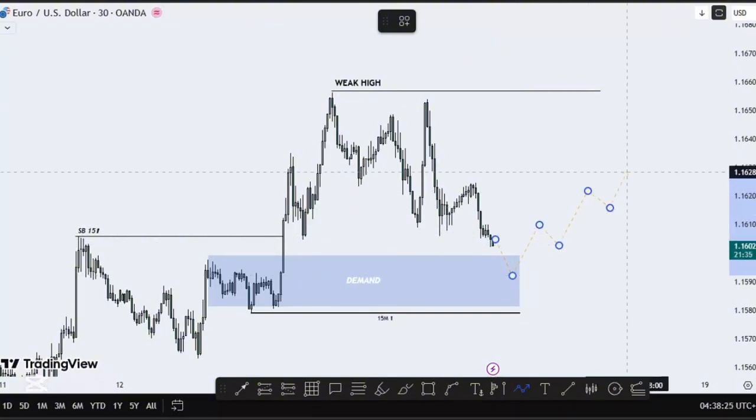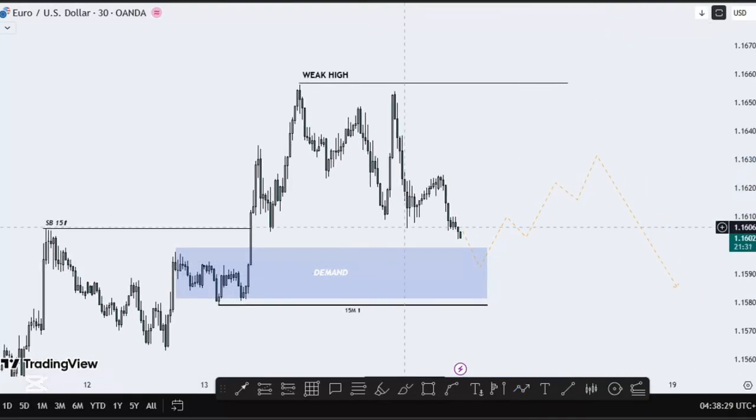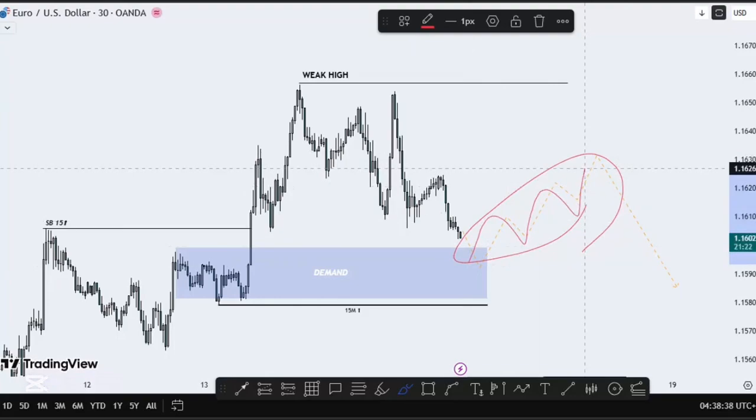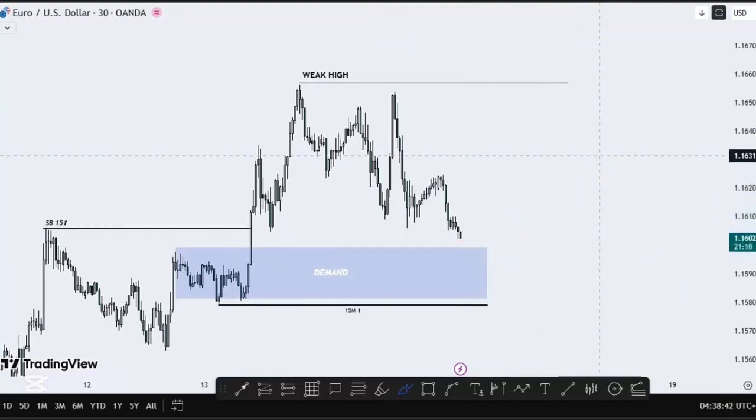Once it does that, I'm gonna look for bearish entries once I see the confirmation. So that's gonna be my main bias for the next couple of days. I'm gonna wait for this structure to take place, an accumulation, building liquidity so that price can go deeper down.